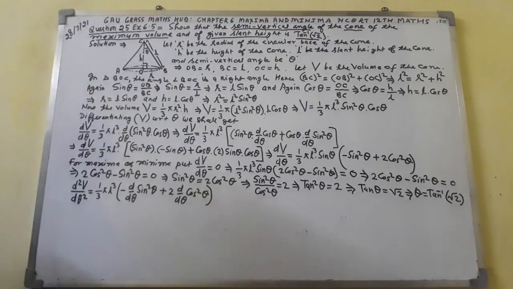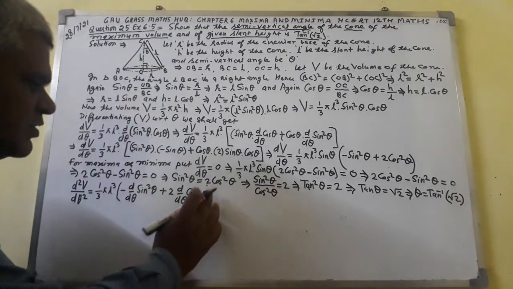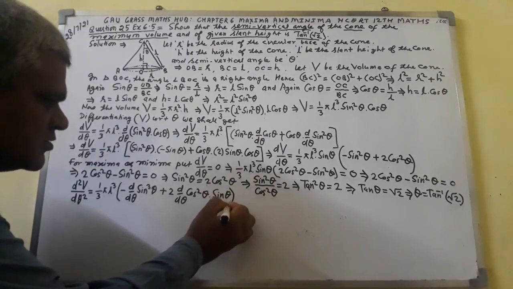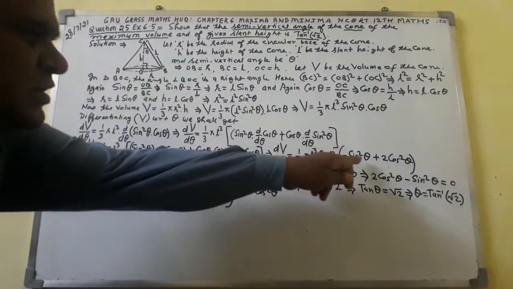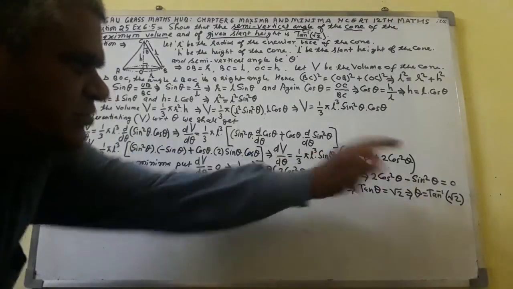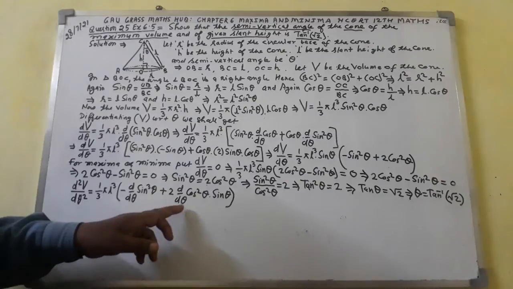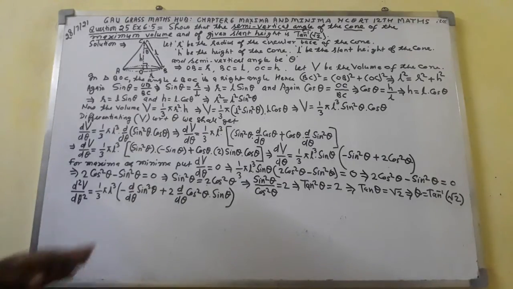Now this sin theta will also be available here, dot sin theta, because this sin theta will multiply to this term and this sin theta will multiply to this term, plus 2 cos square theta dot sin theta, plus 2 cos square theta sin theta we have got. Here this thing will be. Now what to do next?